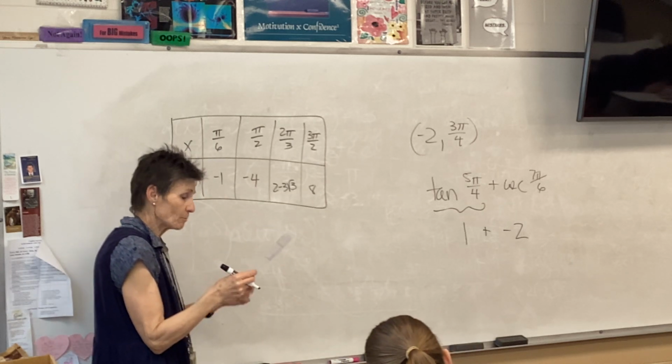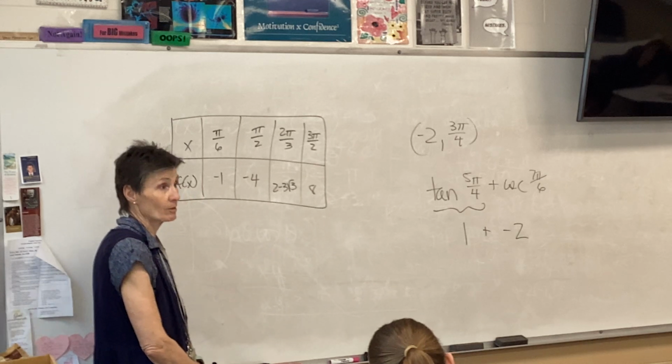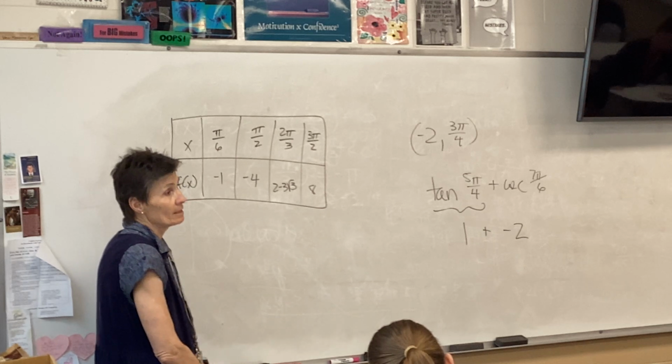What am I doing? I'm trying to find the amplitude of this function. This is a sine curve. Period's 2 pi, and I gotta find the amplitude.